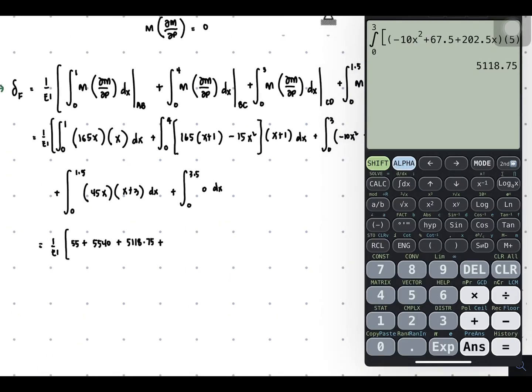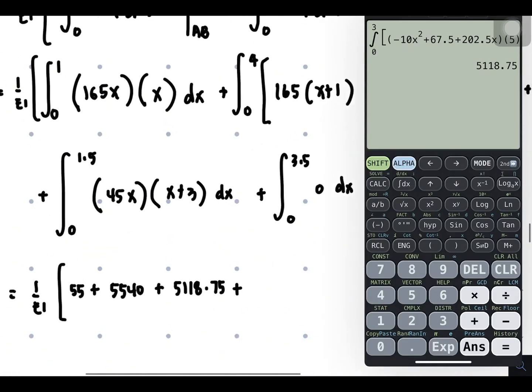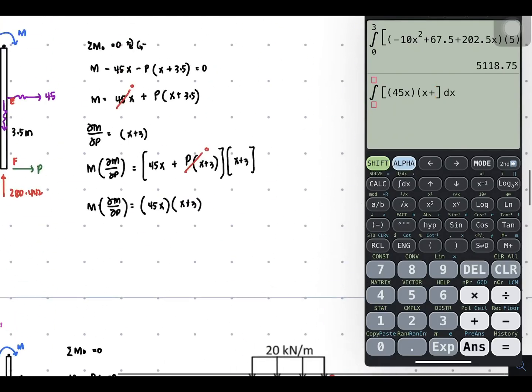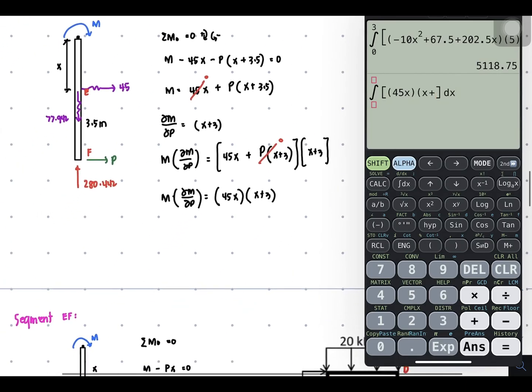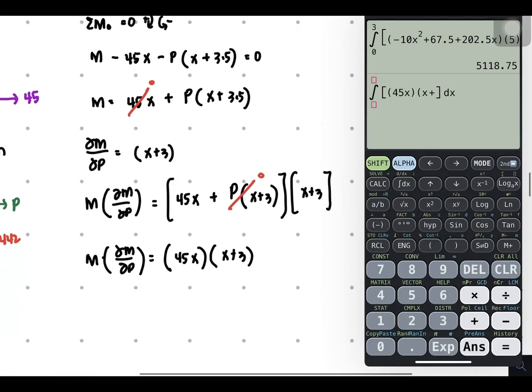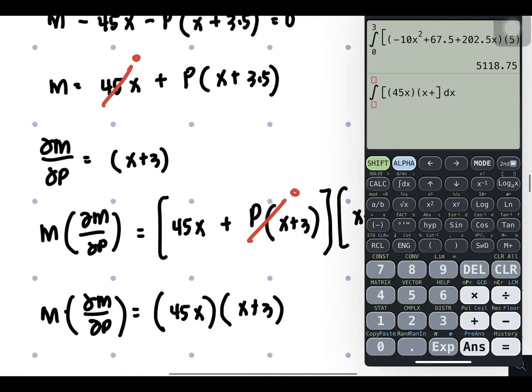Plus the last one here, the integral of 45x times x plus, so is this x plus 3? Let's check on this one. No, this is not x plus 3 but 3.5.